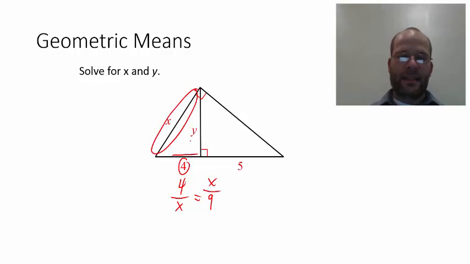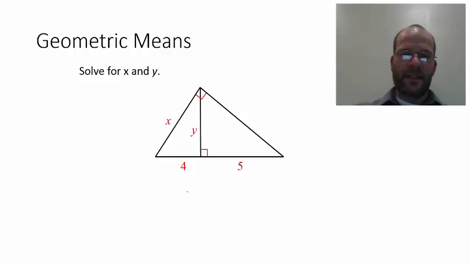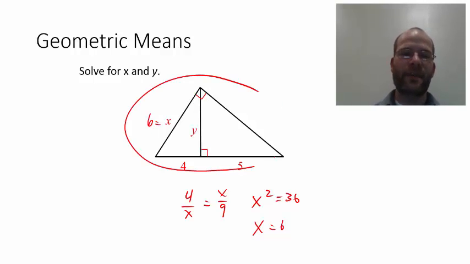This leg is the geometric mean of this segment and this hypotenuse. Applying that rule, we can see that 4 is to x as x is to 9, which means that x squared equals 36, and x therefore equals 6. So we can find these values pretty quickly, understanding that there's some similarity that happens with the right triangle.